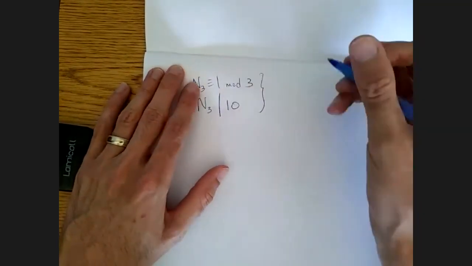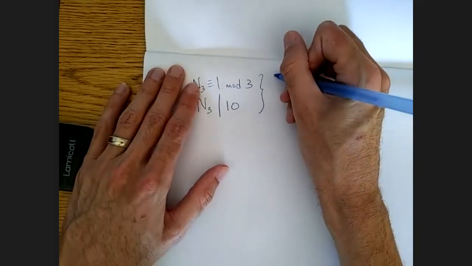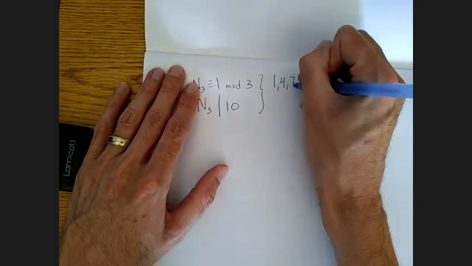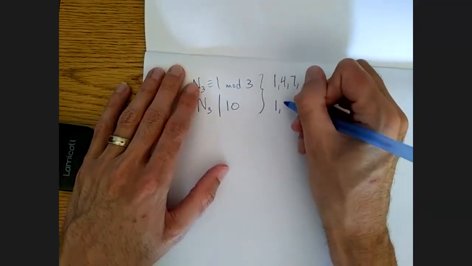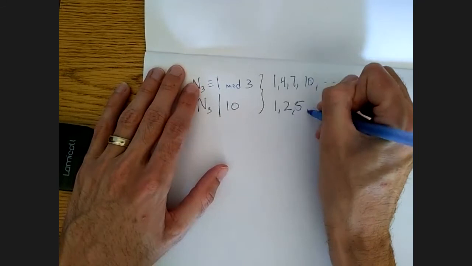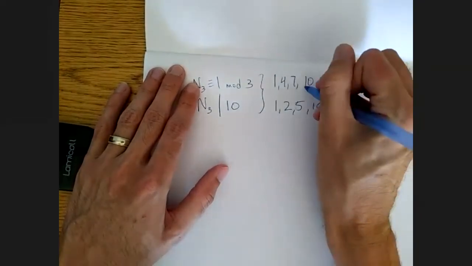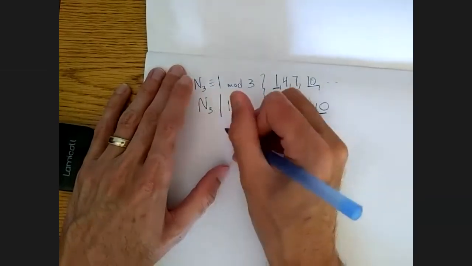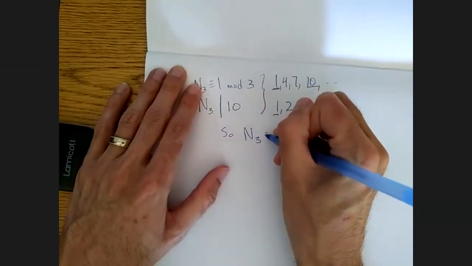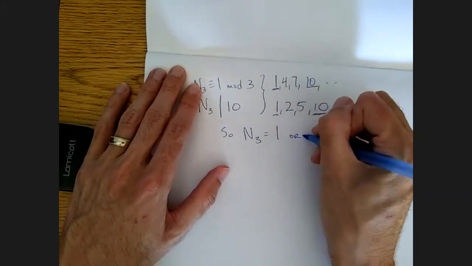The first condition says it could be 1, 4, 7, 10, and so on. The second says it can be 1, 2, 5, or 10. If we look at the common values, N3 is either equal to 1 or 10.